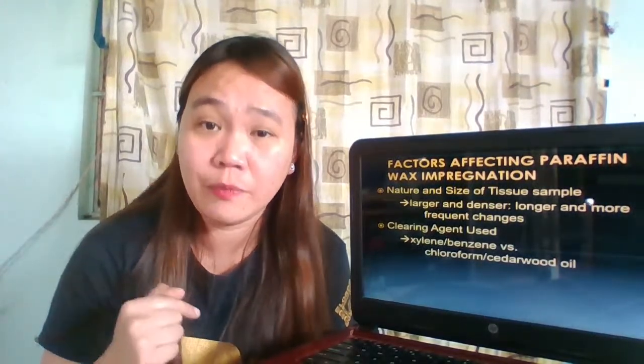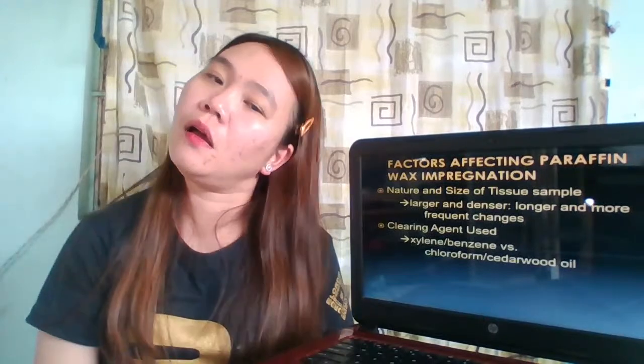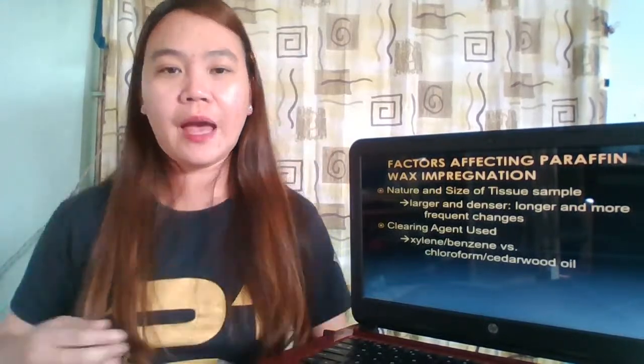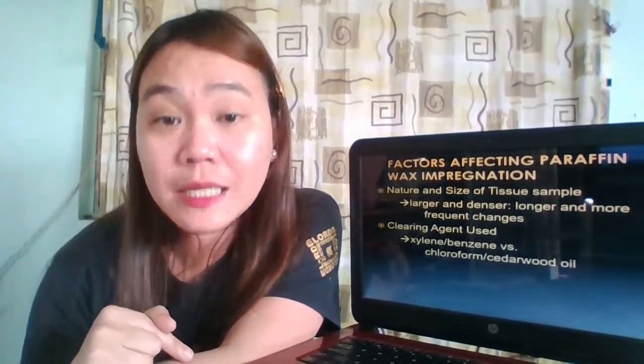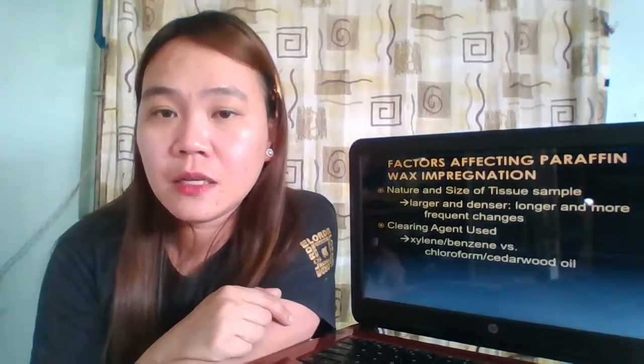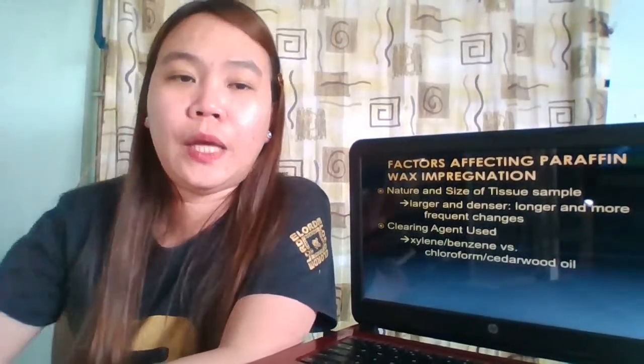It will be your xylene and benzene, because xylene and benzene are easier to replace as compared to chloroform and cedarwood oil. So that's why the clearing agent that is utilized in the previous step in tissue processing will affect paraffin impregnation.